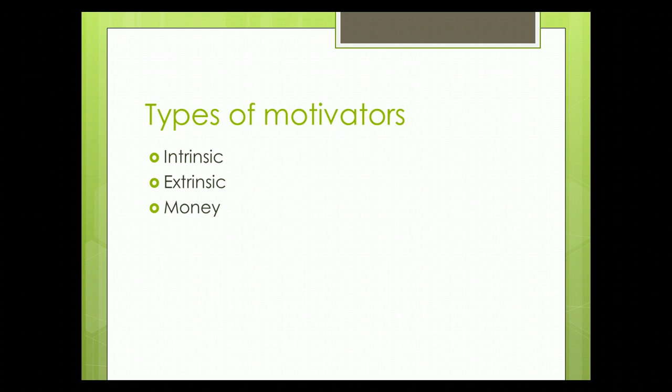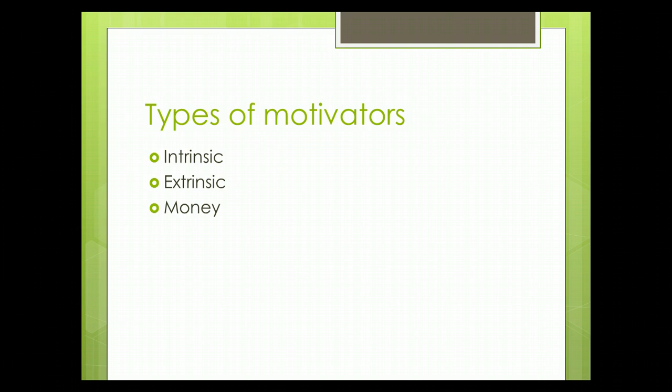Now, I've got money on here because money is considered the universal reinforcer. Money is considered to be universal because you can fulfill so many other things with it. If your intrinsic motivators are related to personal motives and goals, money might move you closer to intrinsic motivators.